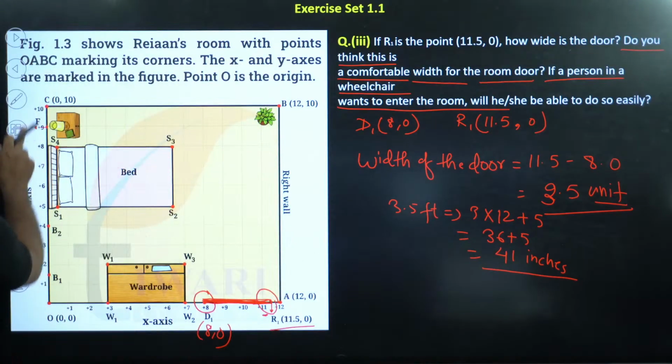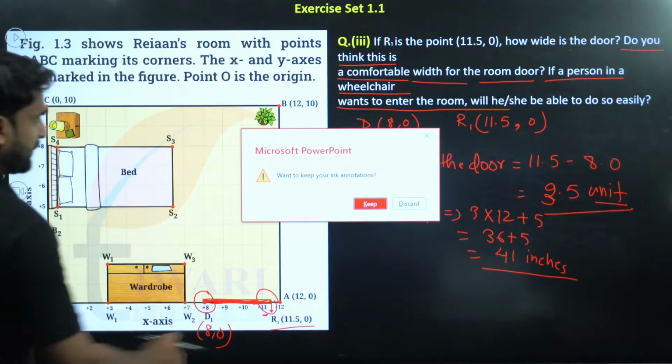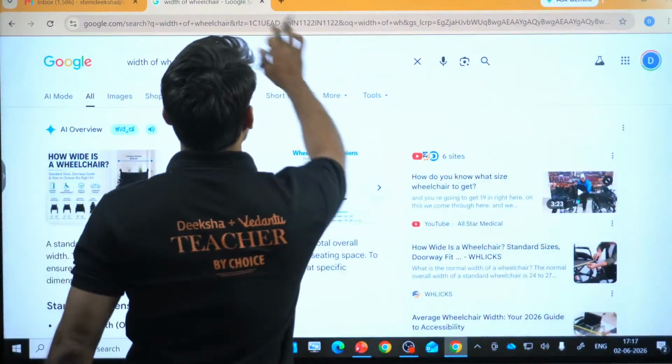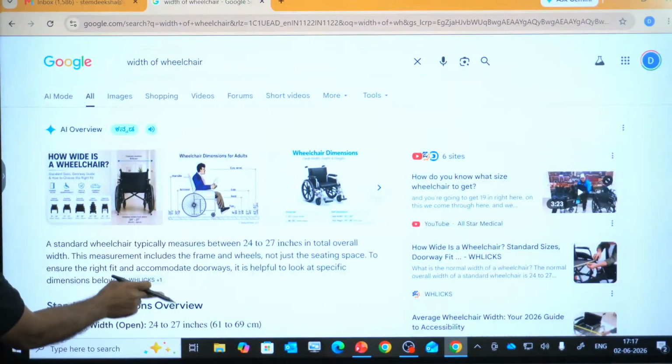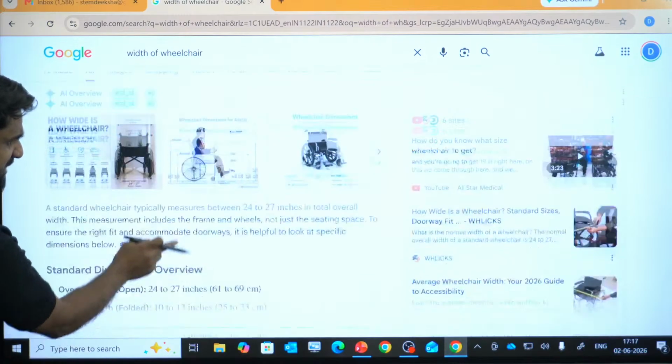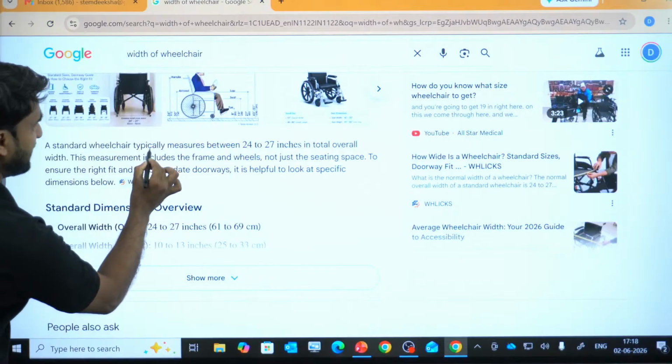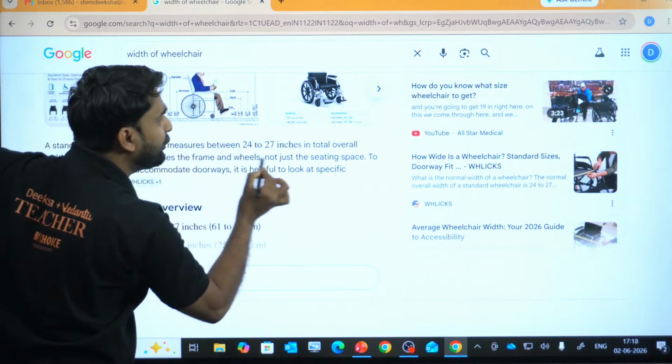Let's Google it. What is the standard width of a wheelchair? I have already opened the page. Width of wheelchair. So my dear champion, a standard wheelchair typically measures between 24 to 27 inches.